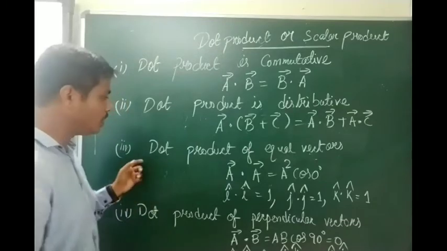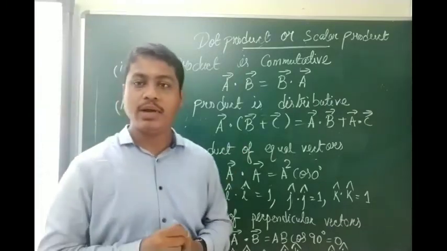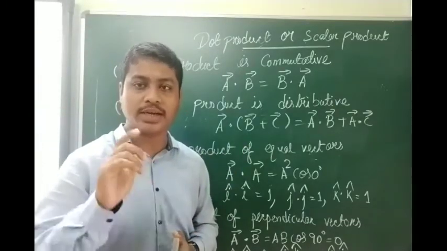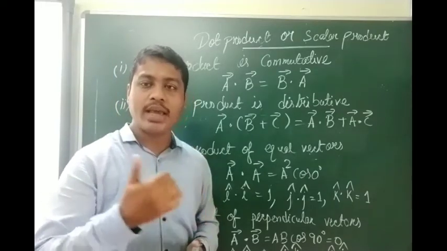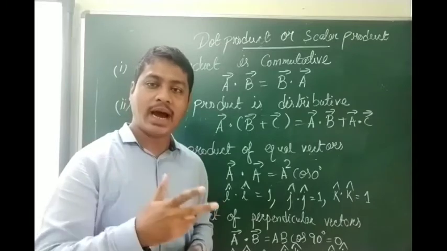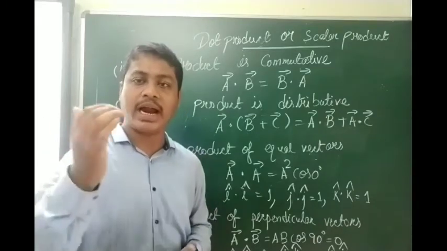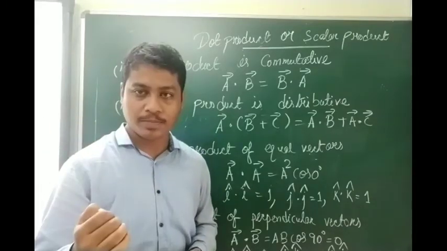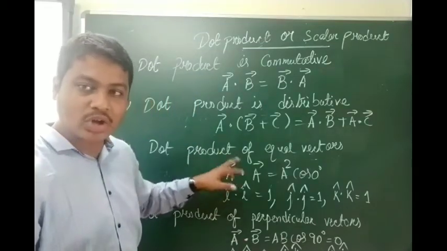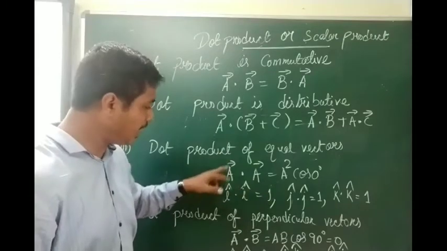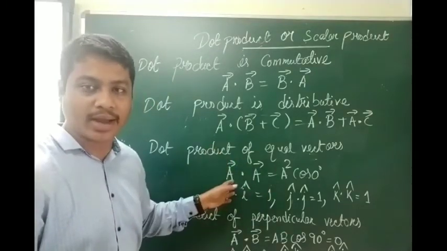Third one, dot product of equal vectors. Consider two vectors, vector A and vector B. They are called equal vectors when they are acting along the same direction and have the same values. That's why I am not taking A dot B, I am taking A dot A, because it is an equal vector.